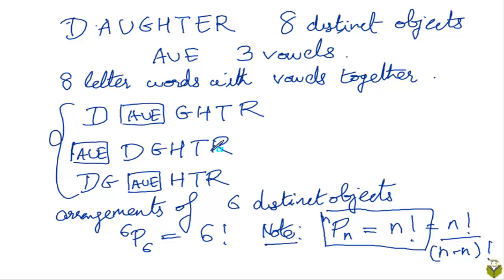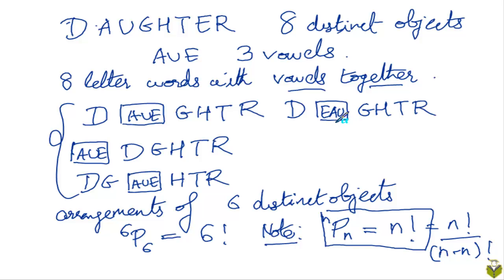So have we covered all the 8-letter words with vowels together? Is this sufficient, if we find the arrangements of 6 distinct objects? Please think about it. Why did I have A in the beginning, U second, and E third? Can't I also have this arrangement with E first, A second, and U third? This is also an 8-letter word with vowels together, right?